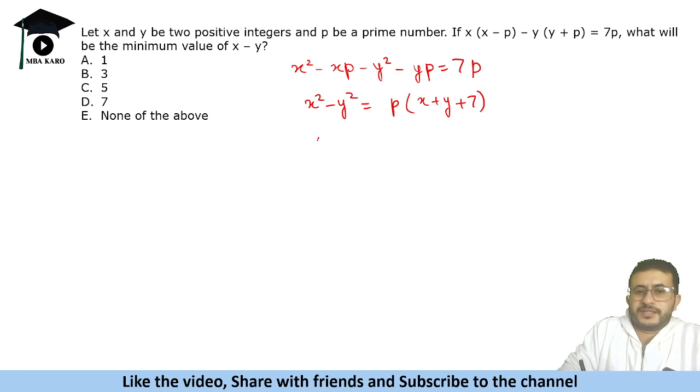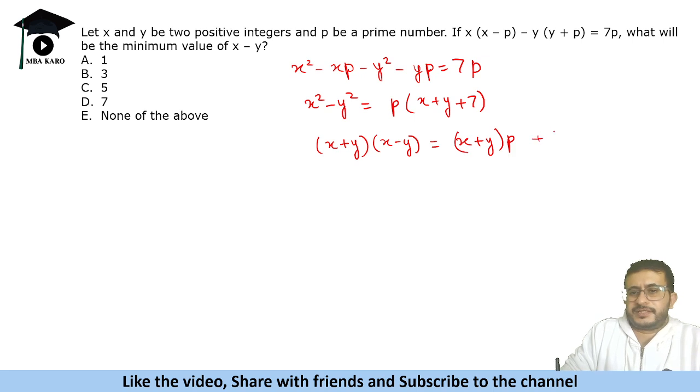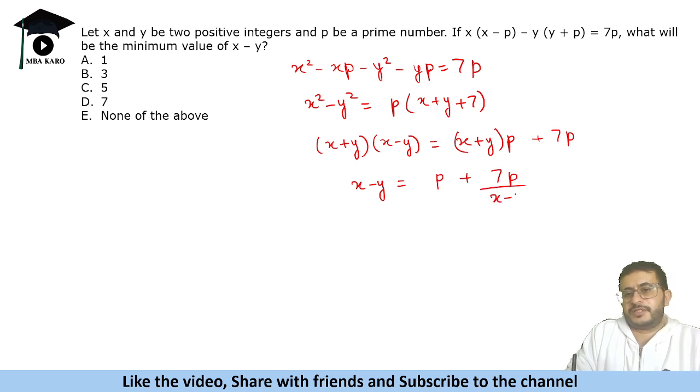This becomes x plus y into x minus y, or we can take x plus y p and plus 7p separately also. So when we divide by x plus y, we get x minus y is equal to p plus 7p upon x plus y.